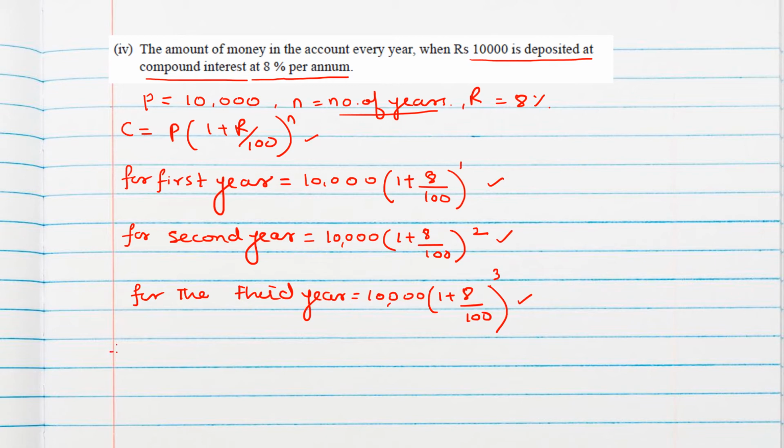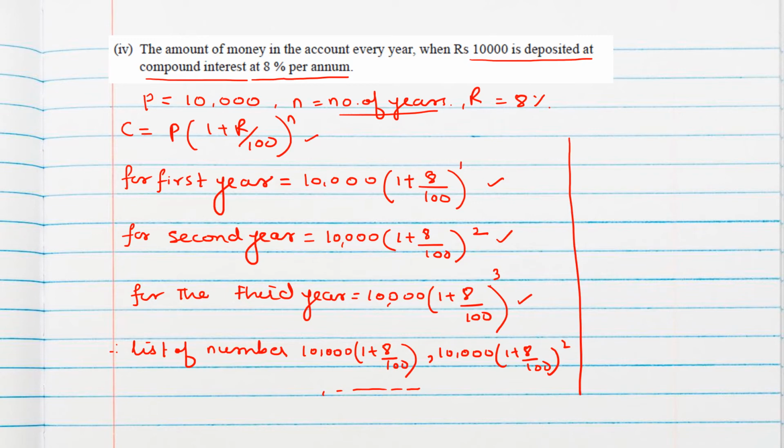So we can write, therefore, the list of numbers: 10,000 (1 plus 8 by 100), 10,000 (1 plus 8 by 100) squared and so on. So clearly you can see the difference is not constant. Since the difference is not constant, this is not an AP.